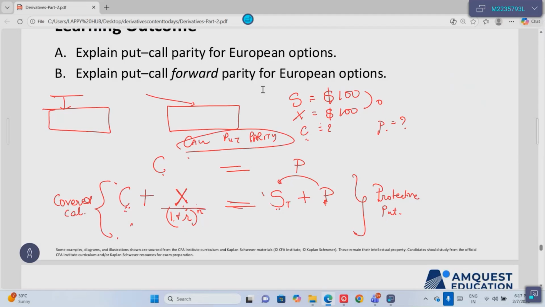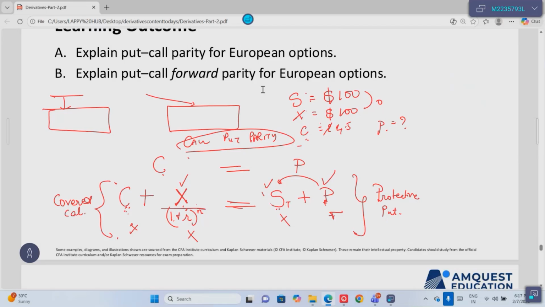So basically they're saying I can use the call put parity logic to find out the call option price when X is given, S is given, P is given, or to find out the put price when S is given, X is given, C is given. So if I know this and the call price is around 4.5, then I can use call put parity.